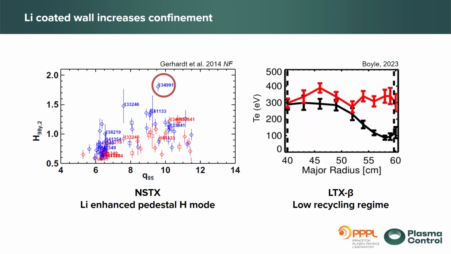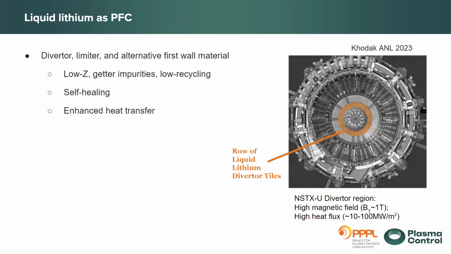On the right side there's LTX-beta, the very exciting device here at PPPL, where you see the flattened profile of the electron temperature. This suggests a very novel approach of low recycling regimes, which is also very promising for greatly enhancing the confinement ability of the plasma. All of this is related to having a lithium-coated wall.